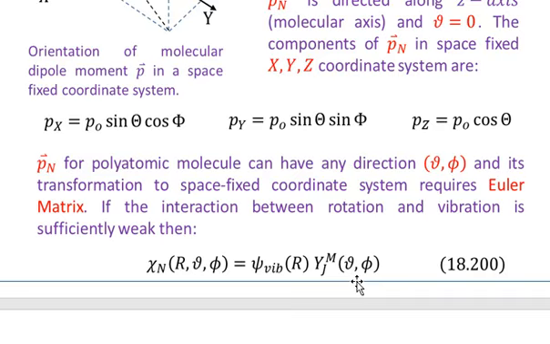And you know that on the left hand side, we are considering a nuclear wave function. So a nuclear wave function can be specified as a product of the vibrational wave function and the spherical harmonic Yjm, representing the angular part of the wave function, which is a function of theta and phi.